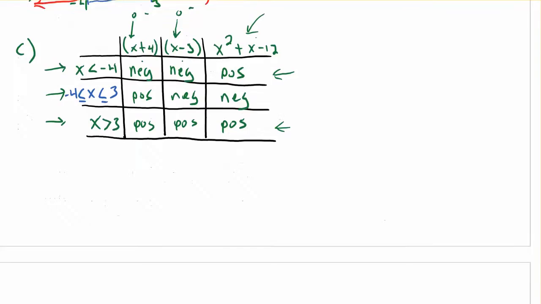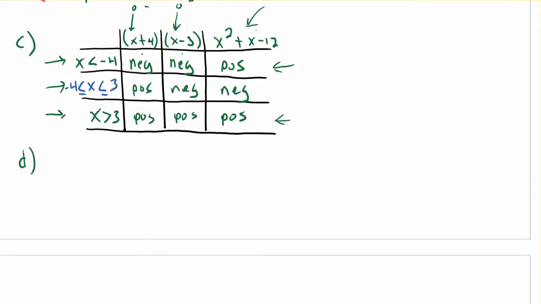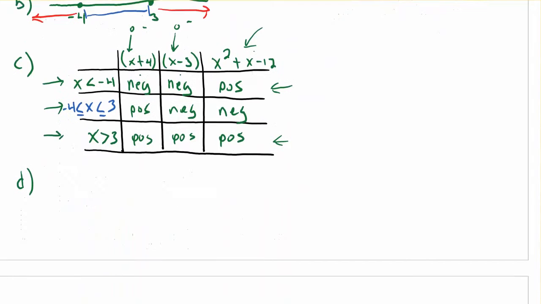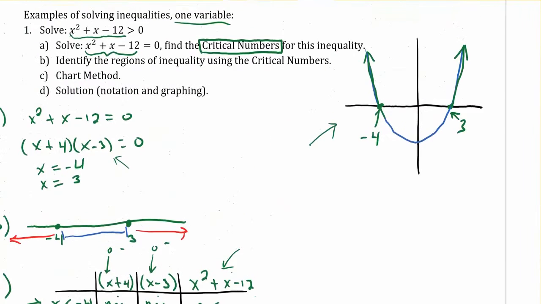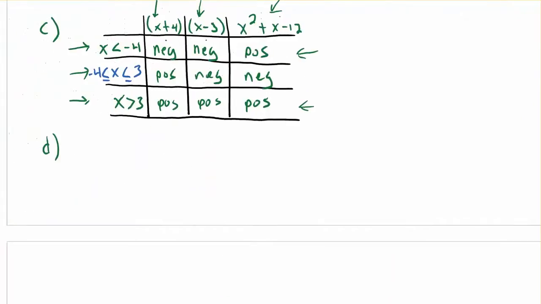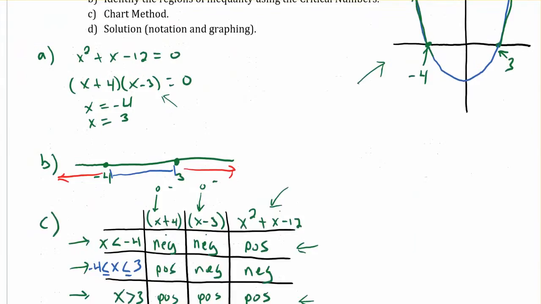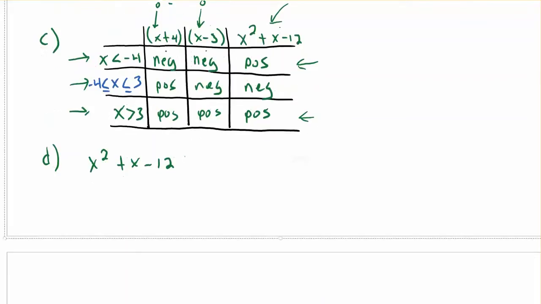So for D, it says solutions, a notation in just in graphing. We already kind of graphed it there. So we'd say x squared plus x minus 12 is greater than 0 when x is, and then these are our solutions, right?